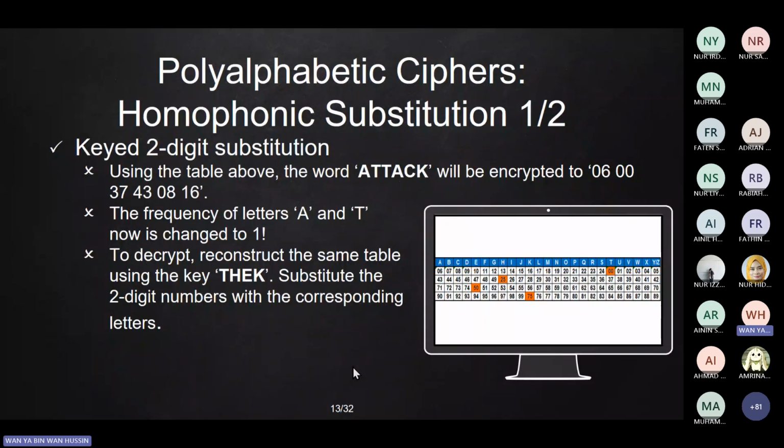So that's why we need to combine two alphabets. It can be Y with Z, it can be V with W, it can be X with Y, and so forth.